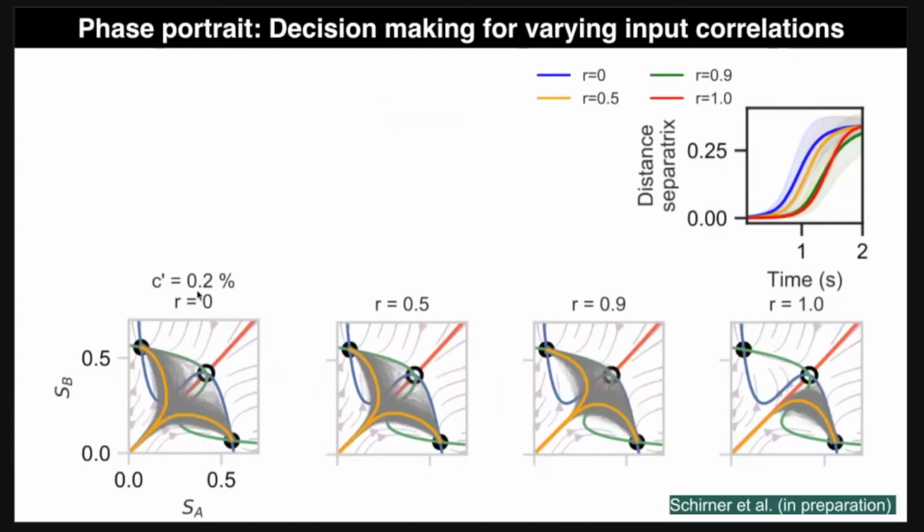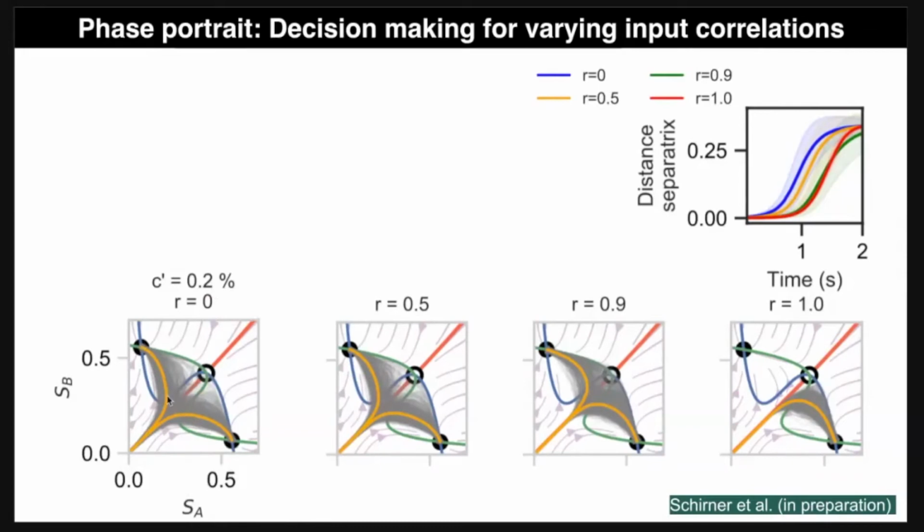C is 0.2, so there's a very low contrast between the 2 populations. The activity, the state variables of the 2 populations are the x and the y-axis. A positive contrast indicates that the A population, indicated by the x-axis, gets slightly more evidence. The red diagonal line is a separatrix that separates 2 attractor states that are indicated by these filled black circles. The gray or light purple lines in the background are the flow fields.